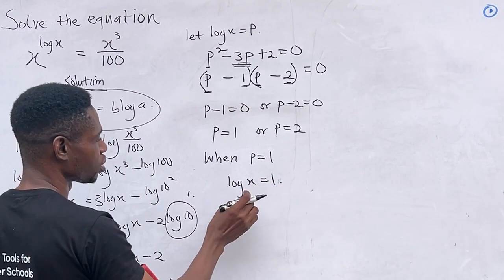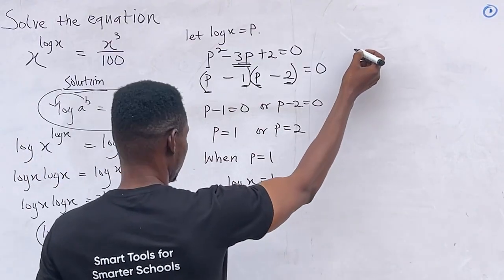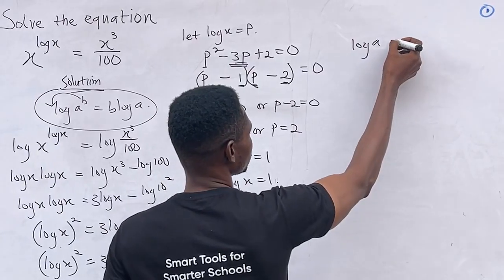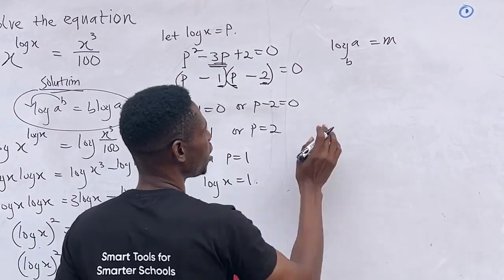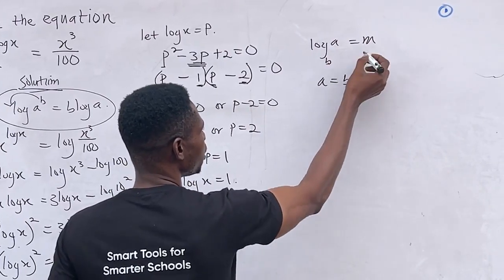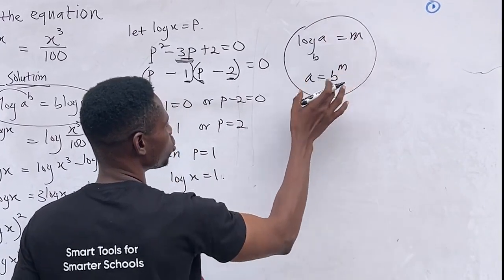Remember our law when converting from logarithm to indices. If you have log a equal to m, which has a base b, the number of the log a will be equal to the base b raised to power m. So this is how we convert from logarithm to indices.